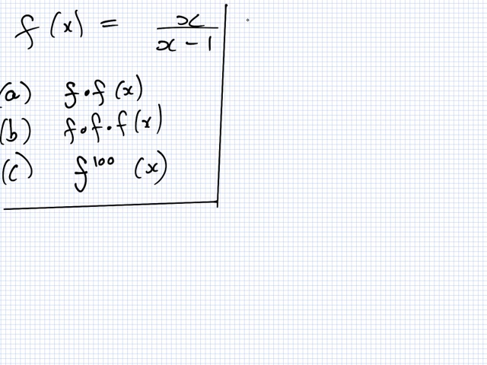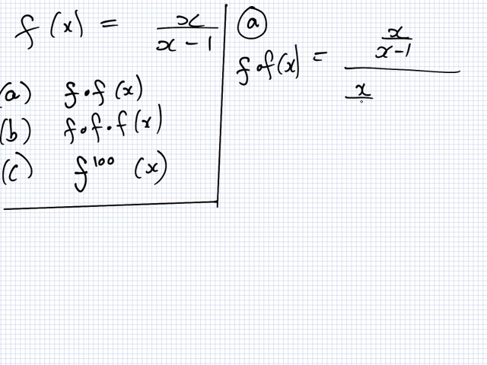We have to simplify. Yes. I mean, I feel like I'm being tricked. Good feeling to have. Right, let's have a look. F compose f of x equals x over x minus 1, over x over x minus 1, minus 1. So x over x minus 1, and this is 1 over 1.